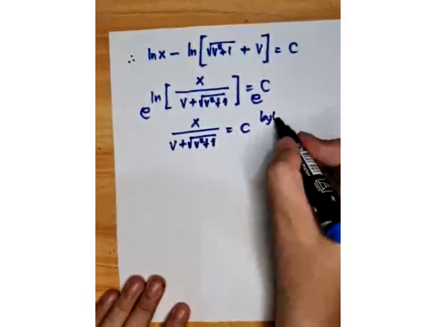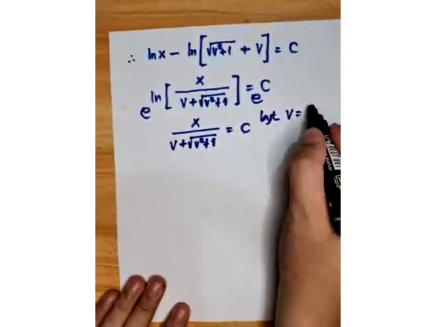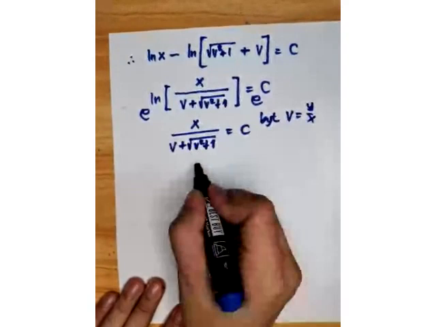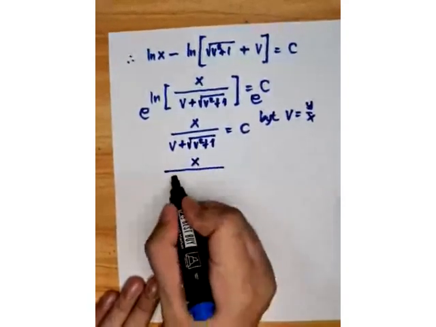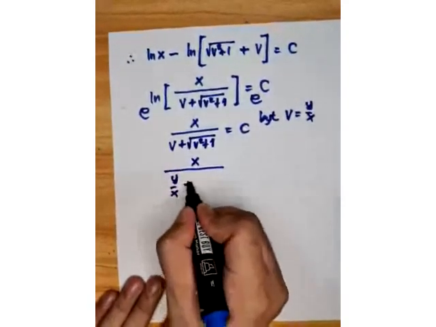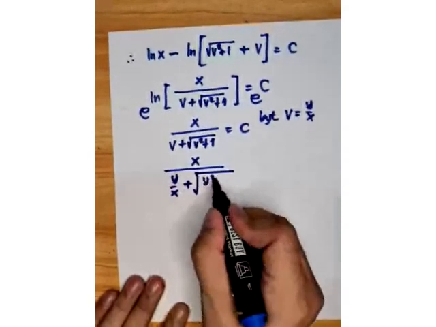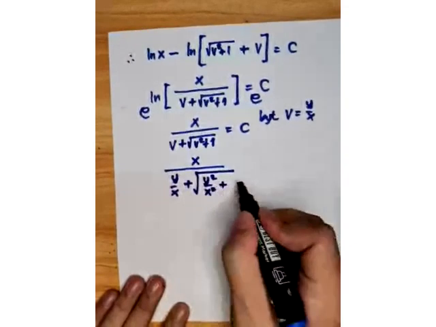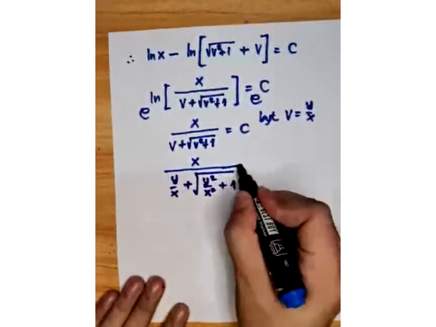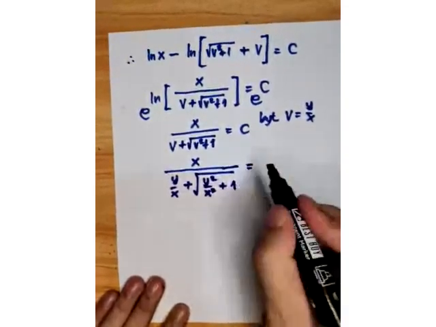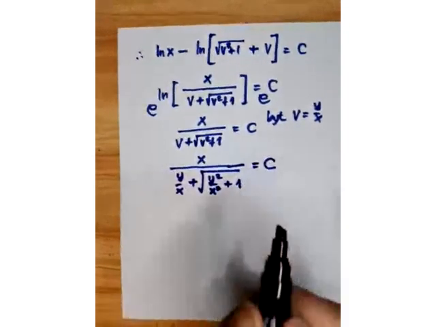Okay, but v is equal to y over x. So x over y over x plus the square root of quantity y squared over x squared plus 1 is equal to c. Okay, let's simplify further.